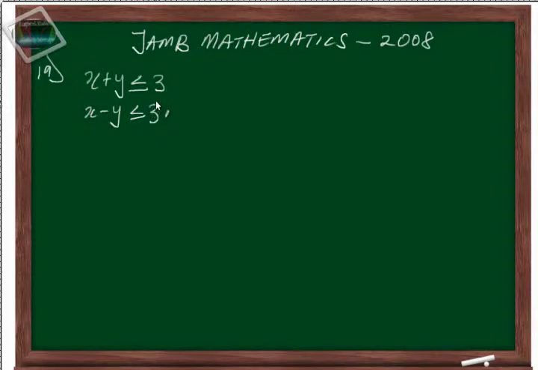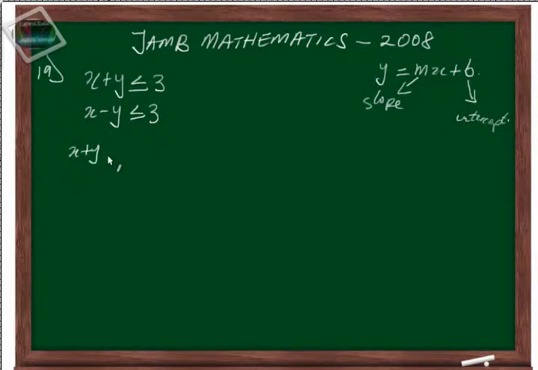To solve this problem, we have to isolate the y in both inequalities into the linear form, y is equal to mx plus b, where m is the slope or gradient and b is the intercept. Okay, now that we know this, let's solve for y.